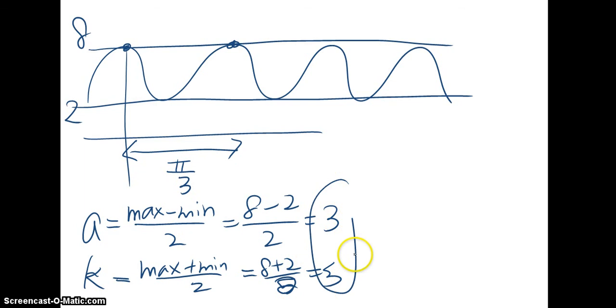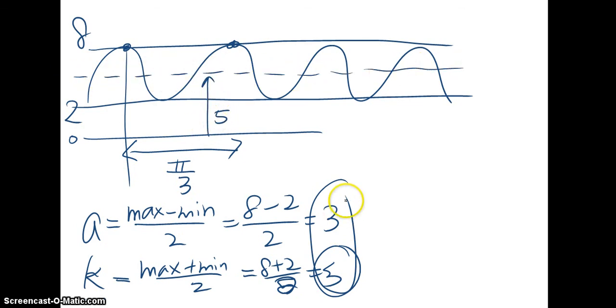Now what does this value mean? It means the whole graph has been shifted up by 5. So if this is the axis, shifted up by 5, you draw a line there. And the amplitude is 3, so it goes up 3, down 3. From 5, if you go up 3, it gives you 8. Go down 3, it gives you 2.